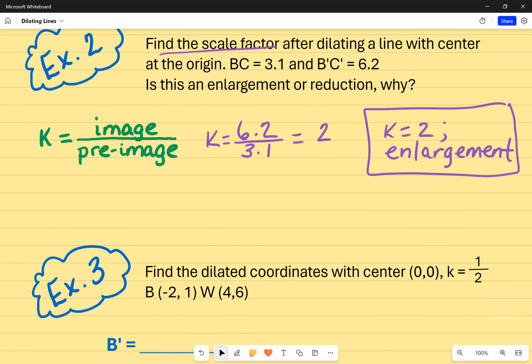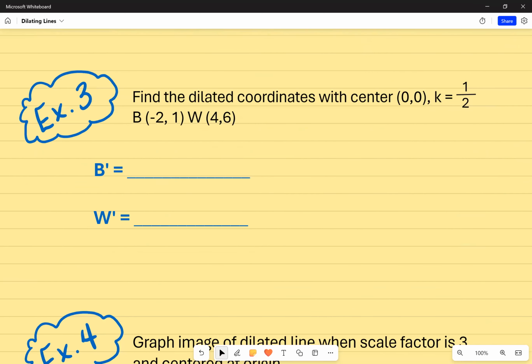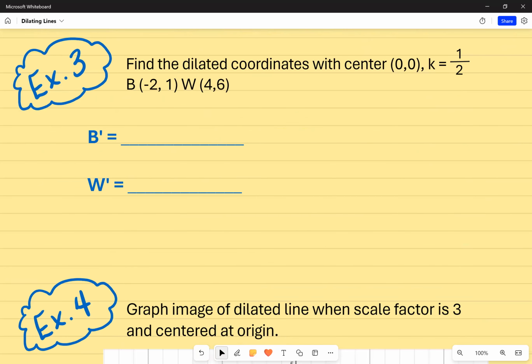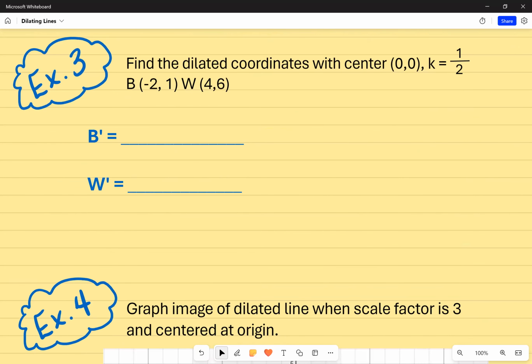Now, example 3, you're asked to find the dilated coordinates with the center 0, 0, which is the origin, when your scale factor, which is represented by K, is 1/2. So all you're doing is taking your pre-image, which does not have prime symbols, and multiplying each one of those coordinates by the scale factor of 1/2.